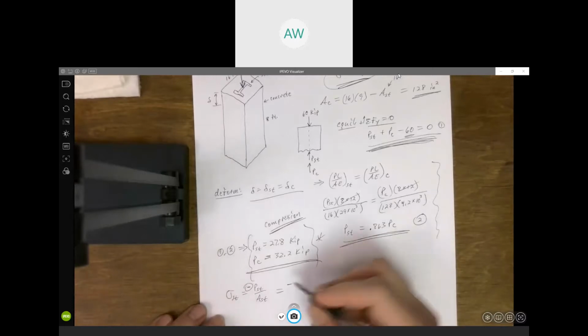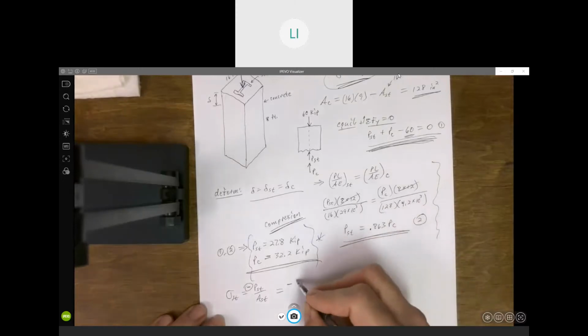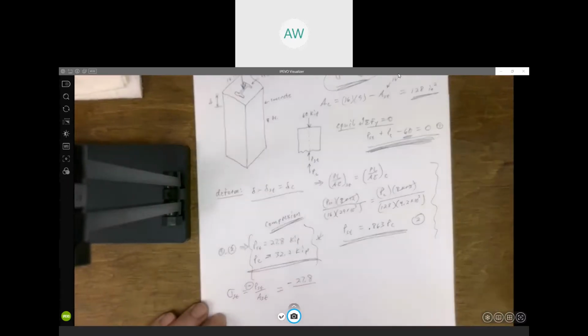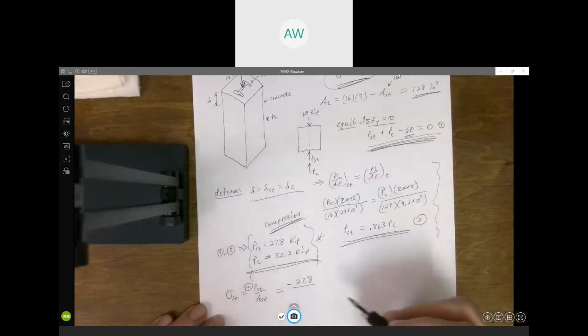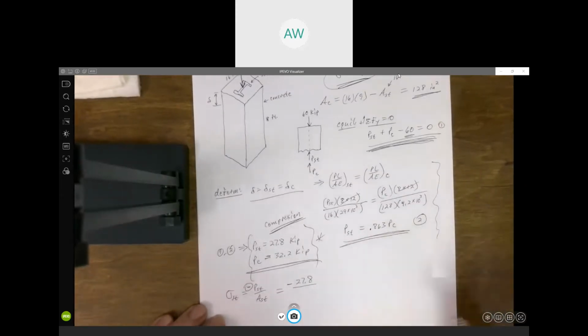So it's going to be minus 27.8. I think it's 27.8. Again, that's in kips. If we leave it in kips, our answer will be in ksi, which is fine. If you don't like ksi, multiply by 1,000, get psi.